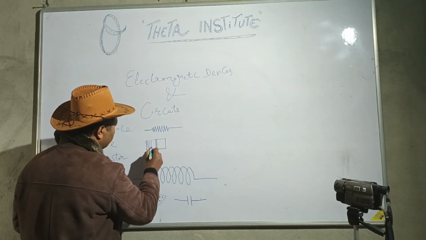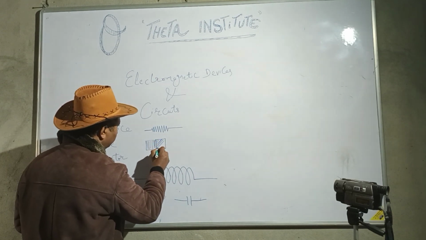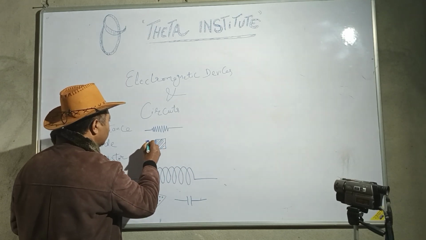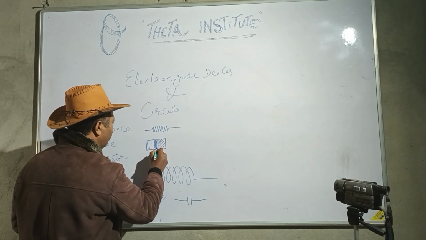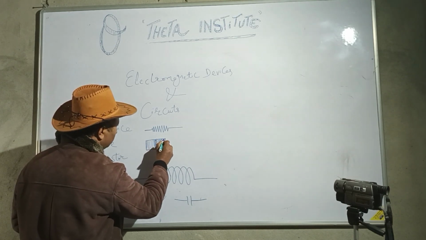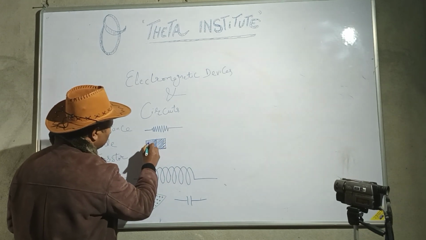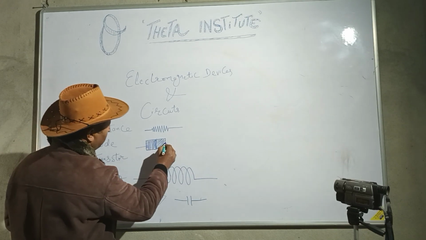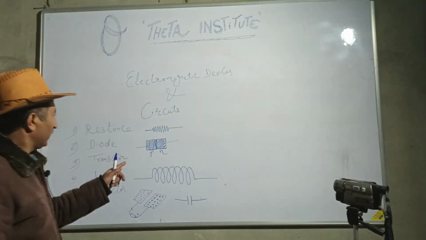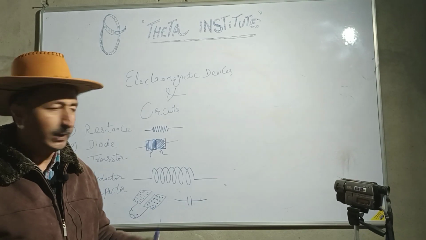This P junction and this N junction, when held close together, what we get is a PN junction or a PN diode.